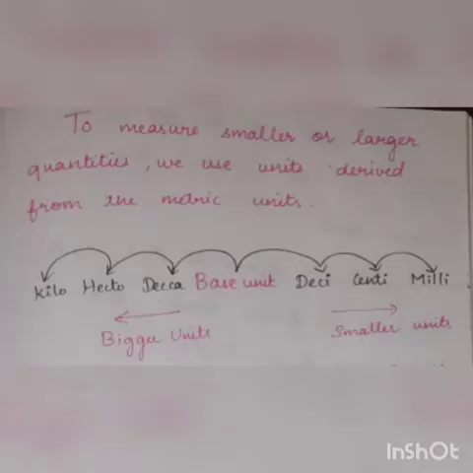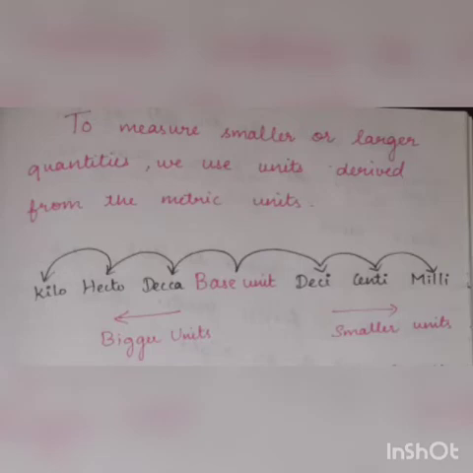To measure smaller or larger quantities, we use units derived from the metric system. What are the units which we are using in the metric system for measuring smaller or larger quantities? See here, our base unit will be at the center, smaller units will be on our right side and bigger units will be on our left side.